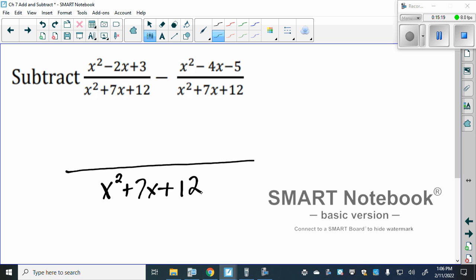But we don't necessarily need to do that because the signs for the first one aren't going to change. What we're doing here is subtracting the numerator of the second from the numerator of the first. So we're going to be subtracting x squared, which would be negative x squared. Next, we're subtracting the negative 4x.